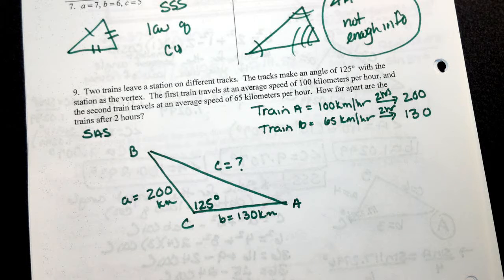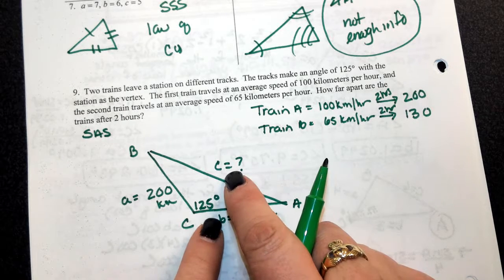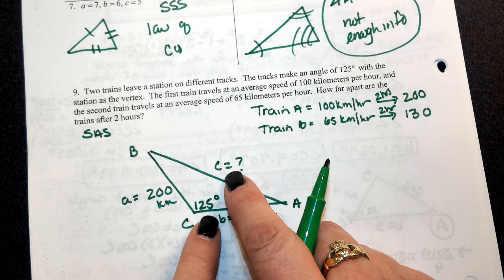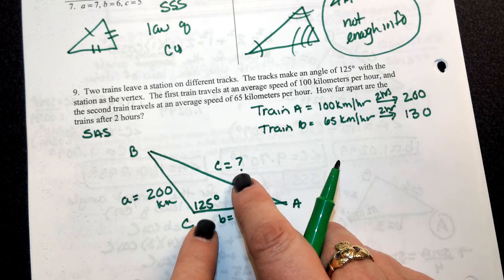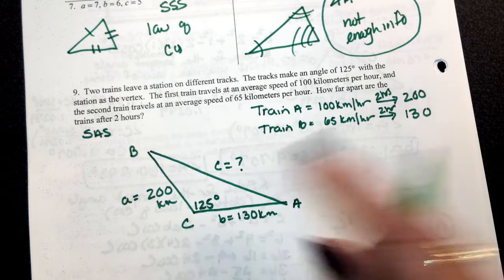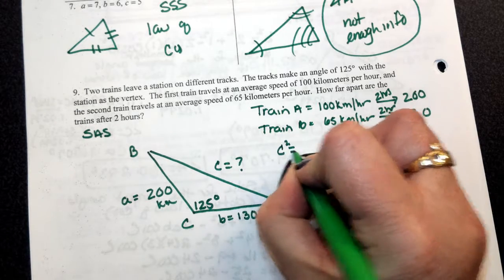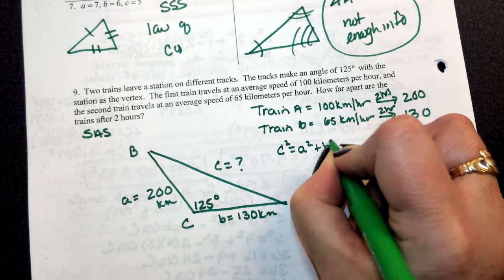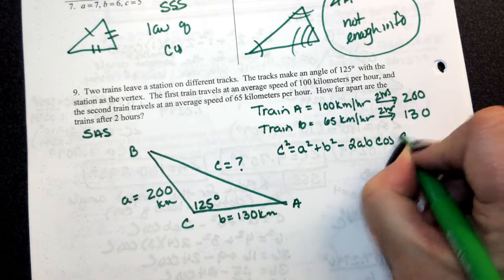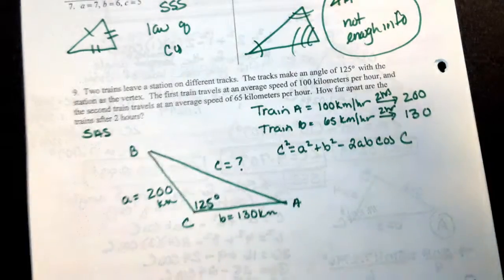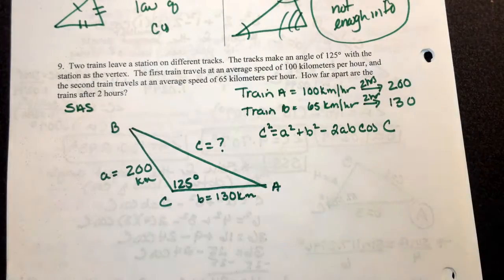Law of cosines. Okay? And again, with law of cosines, if it's a side, angle, side, you have to solve for the side opposite that given angle. So I'm going to solve for C. So C squared is equal to A squared plus B squared, here's my law of cosine formula, minus 2AB times the cosine of C. Again, you don't have to memorize the formulas.